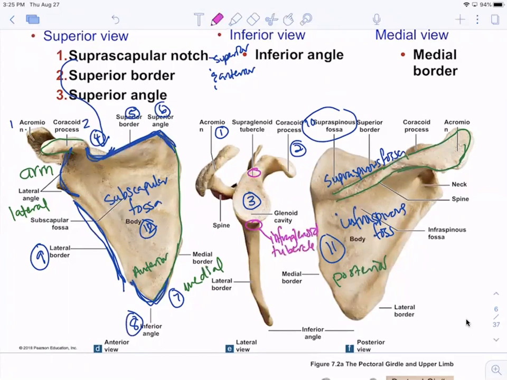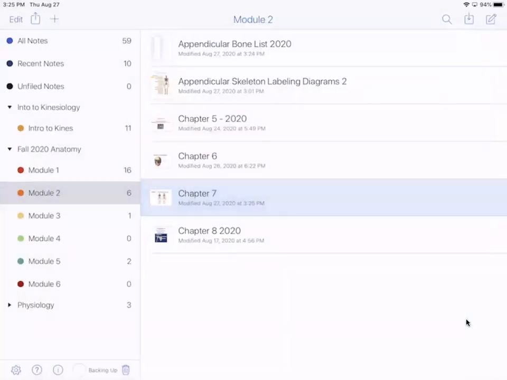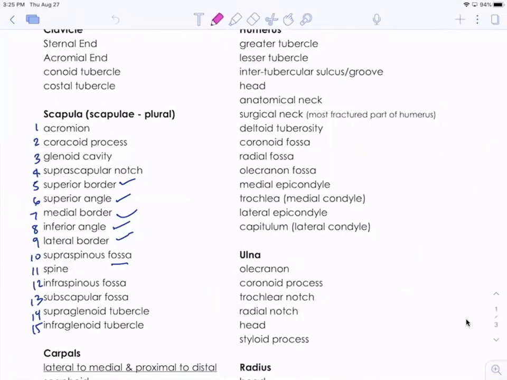Right, so it's 13 and 14. So when we go back to this list again, oh, I missed the spine. All right, so that's in there.